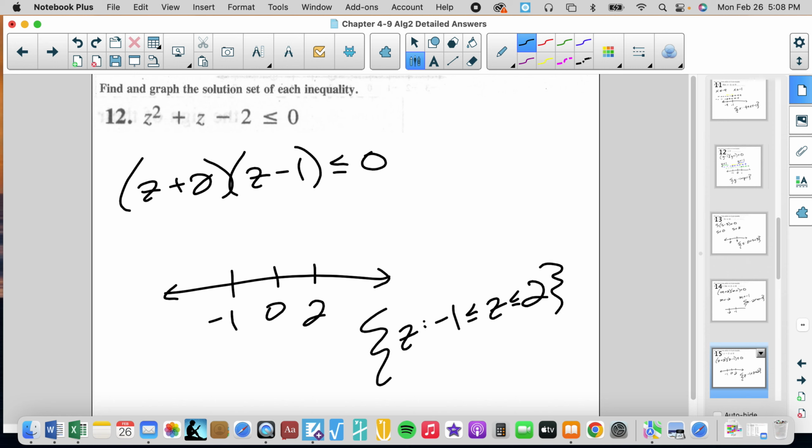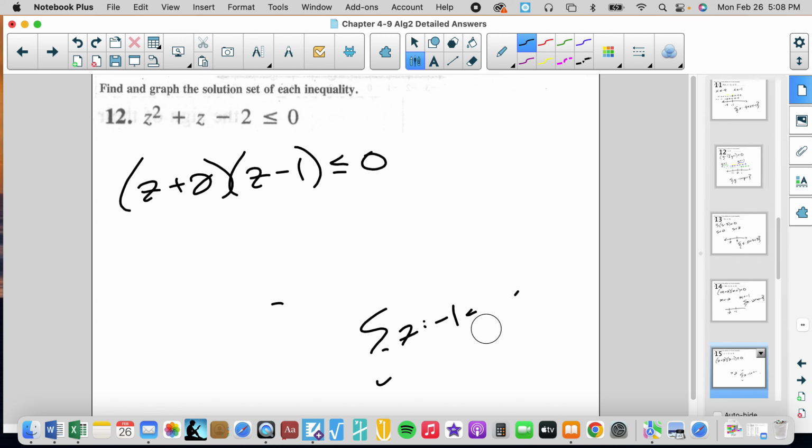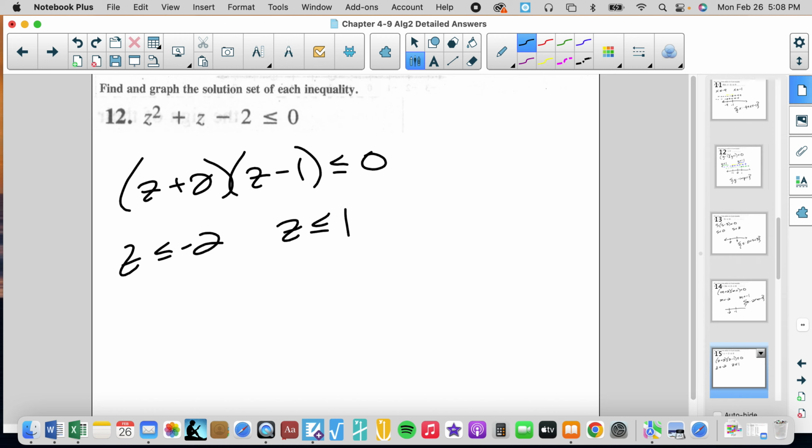Number 12, negative 2, yes. Oh, there's my first mistake. I rushed through. I didn't write. See what happens when you don't write? So it is z is less than negative 2, z is less than or equal to 1.